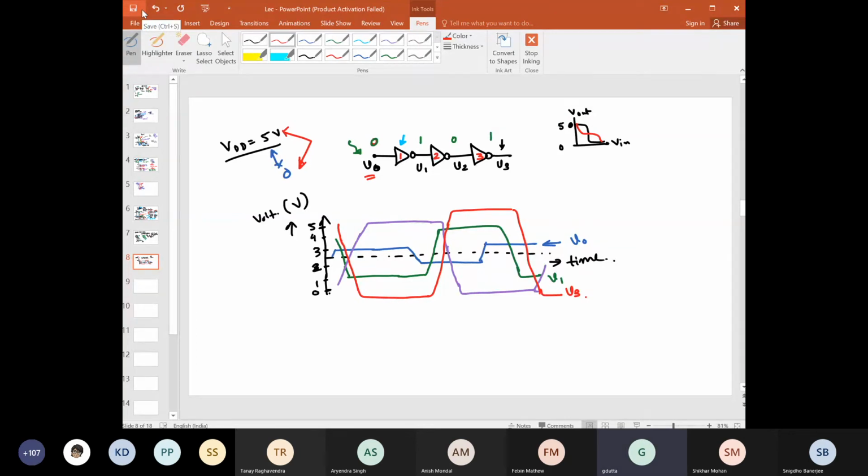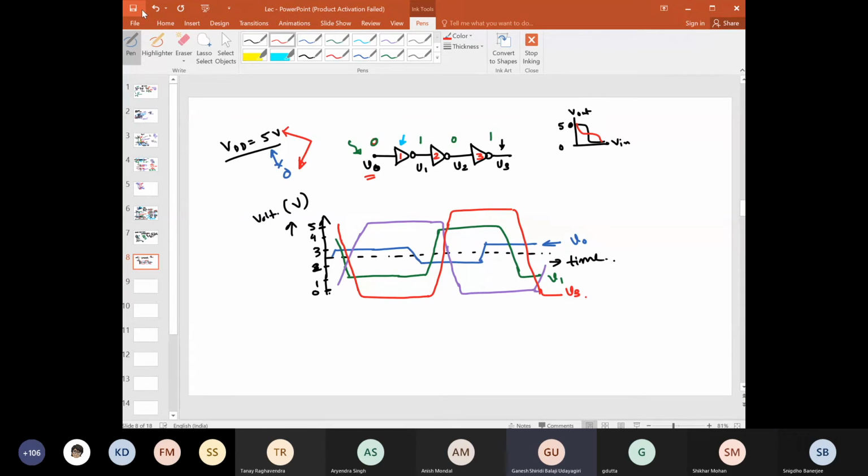Sir, is this the reason why we consider a voltage less than threshold voltage as logic 0, because of the regenerator property?